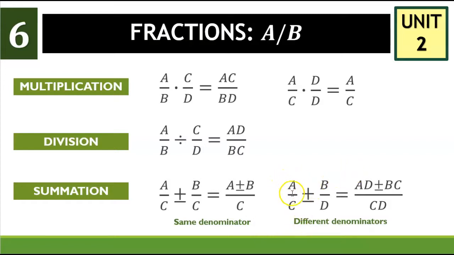We multiply the numerator of one times the denominator of the other one, plus or minus, depending on the case, the denominator of the first one times the numerator of the second one, divided by the multiplication of both denominators.